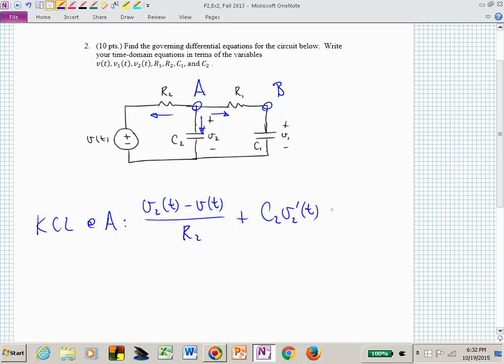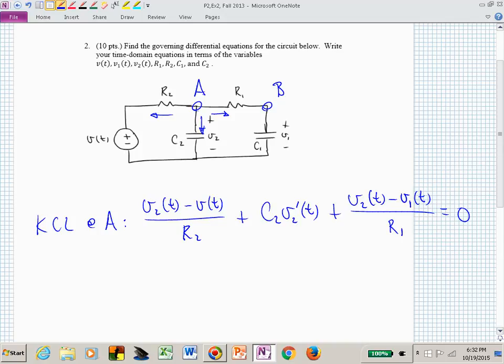And what about the current going to the right, horizontally, out of node A? Positive going to the right. Are we done? You have about 5 of the 10 points, though, and that wasn't very hard, was it? That's one of the governing equations.